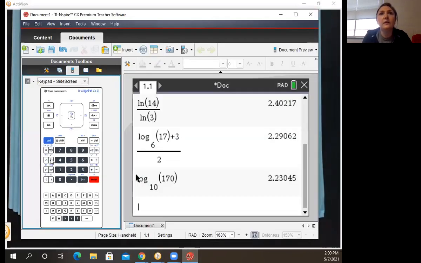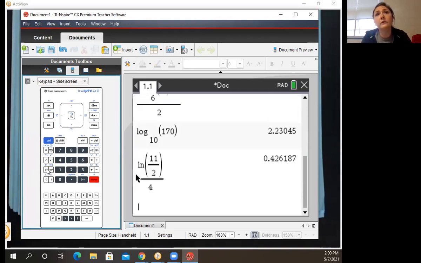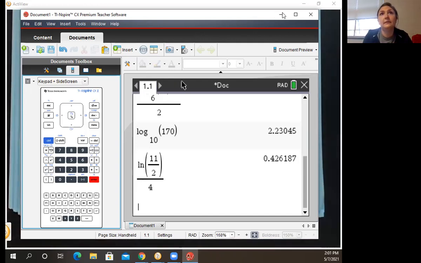Bring my calculator up here, and we've got, let me do my fraction again here. We've got the natural log of 11 over 2 divided by 4, and we get 0.426 when we round to 3 decimal places.